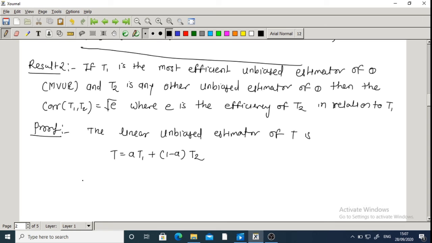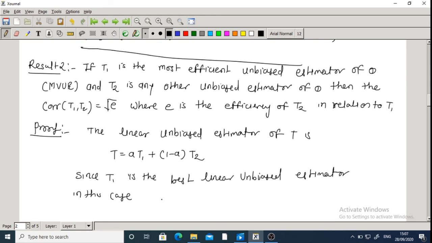Then if T is the best linear unbiased estimator, T1 is the best linear unbiased estimator, so in this case T1 is equal to A into T1 plus (1 minus A) into T2.